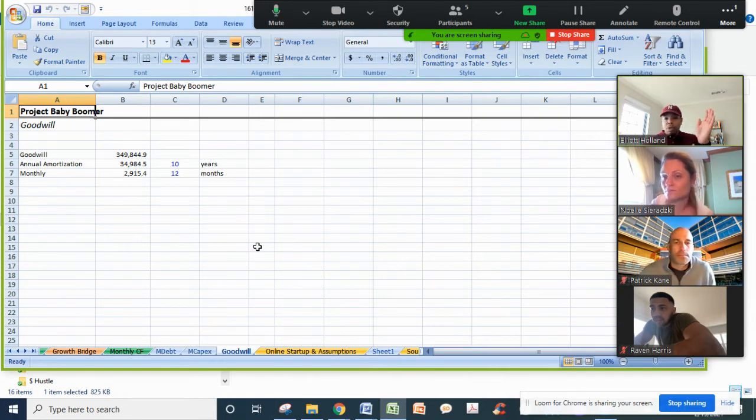At the end of year one, you'll have a $1 million building and $100,000 depreciation, and depending on how you account for it on your balance sheet, it'll either be a $900,000 net PP&E, property, plant and equipment, or it'll be $1 million with a negative account on your balance sheet for the depreciation, and then that'll all net out at the bottom.